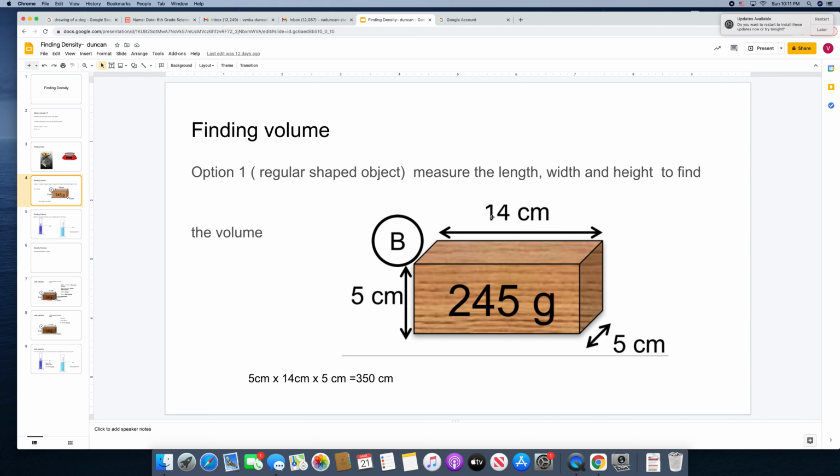So we have this block here. It's 14 centimeters in length, 5 centimeters in width, and 5 centimeters in height. So you're going to multiply 5 centimeters times 14 centimeters times 5 centimeters to get you a total of 350 centimeters. That's the first way to find volume.